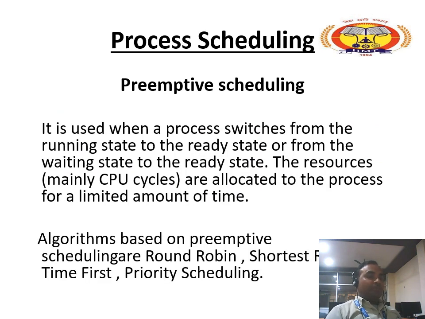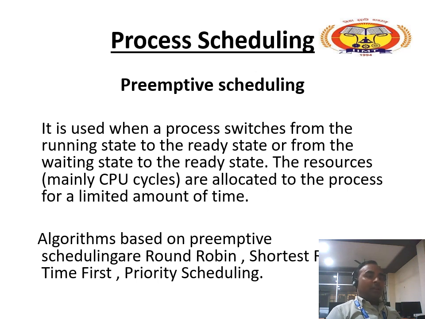Now there are so many processes, as I told you some time before. They are kept in a pool that is known as the job pool. So which process should be executed first, and which should be executed last? That is decided by scheduling. Firstly you should know what scheduling is.